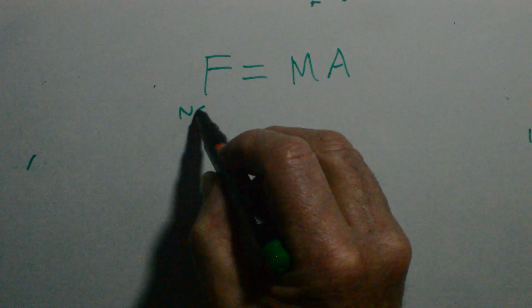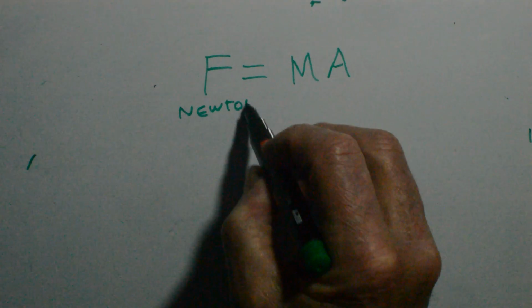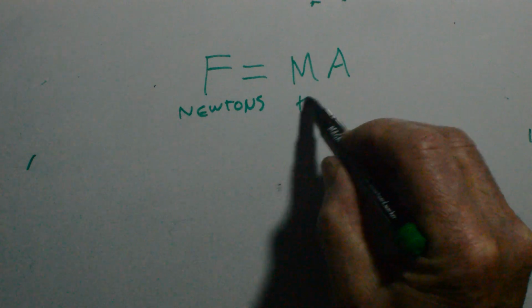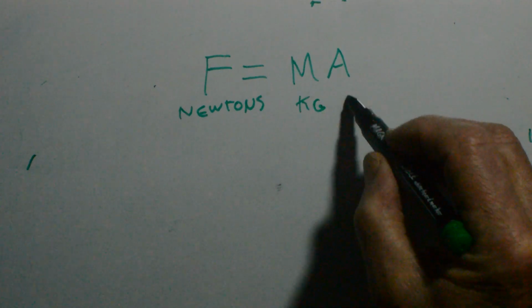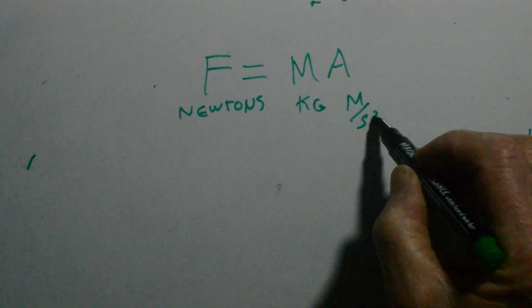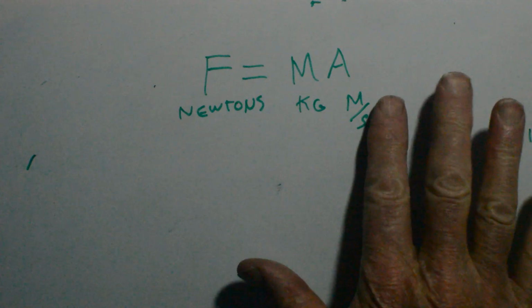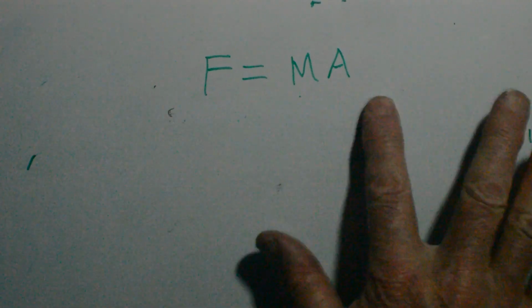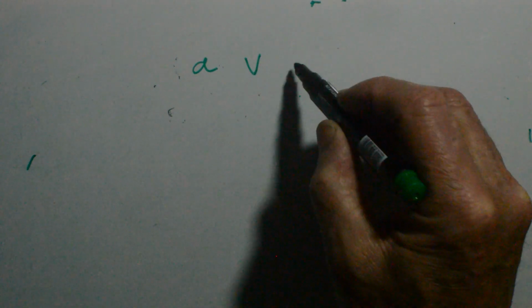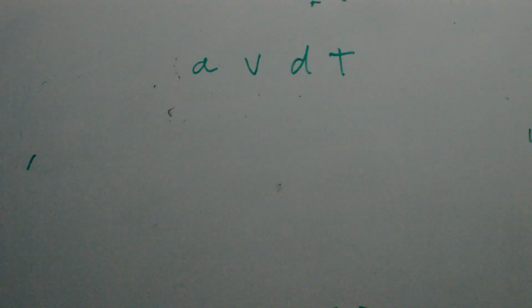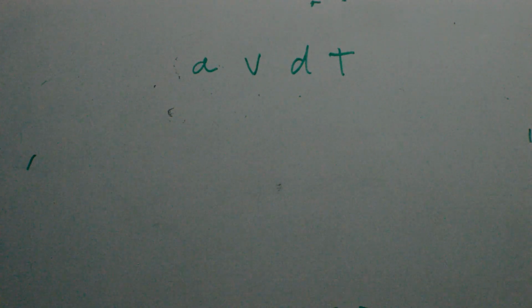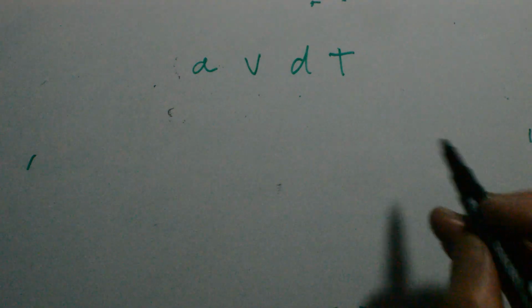This is usually in newtons, this is in kilograms, and this is in meters per second squared. Now, we have 4 different measures in physics. We have acceleration, velocity, distance, and time that are all related, and we want to get the relation between them.